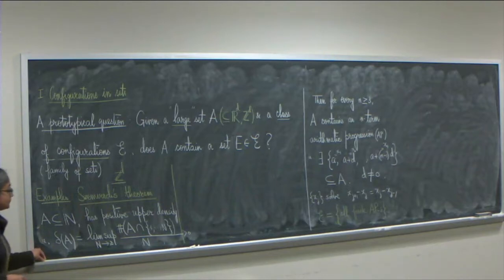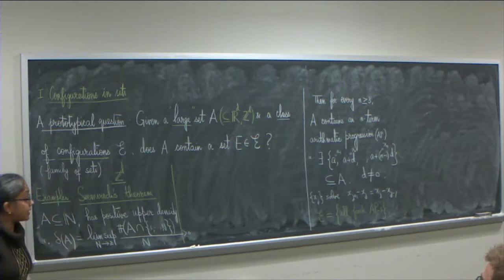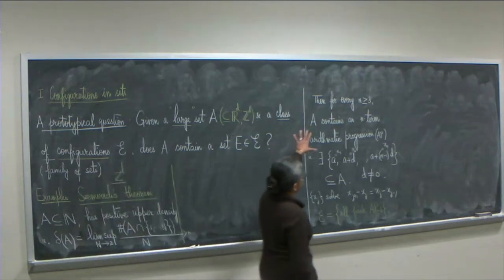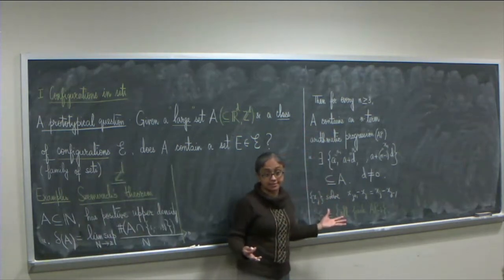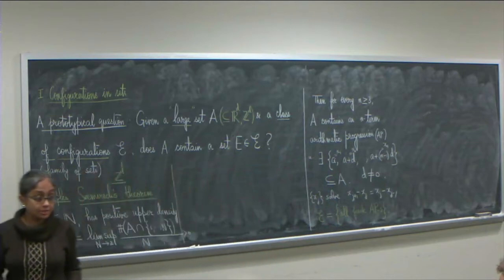Is there a simple example in which there won't be an infinite arithmetic progression? In the case of capital A, yes, there are examples of A which has positive upper density, but there is no infinite AP. But it's complicated.